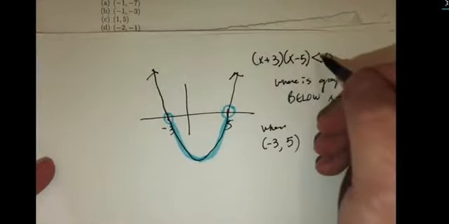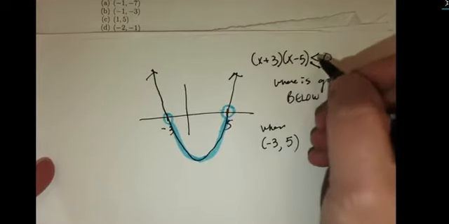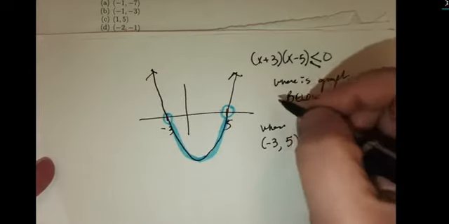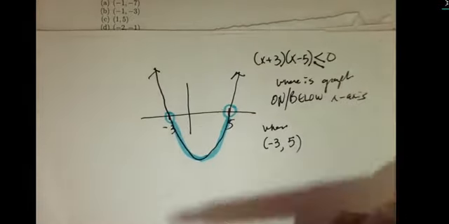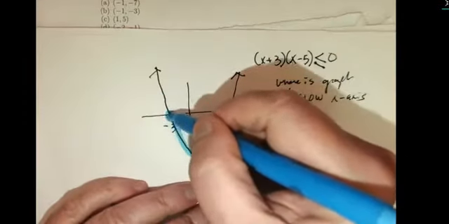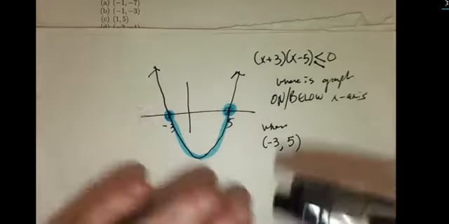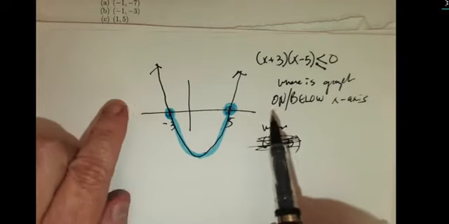And then if the arrow had done this, where is it less than or equal to, then the graph would have been, where is the graph on or below? And then we would have included these because it's on there. And then we use the x-axis to describe where this happens.